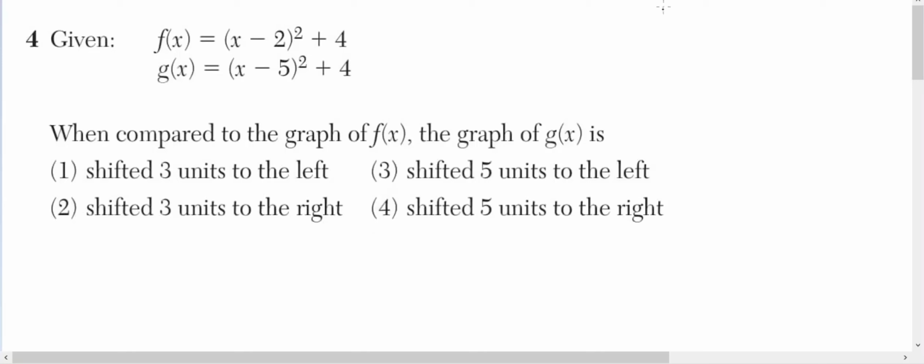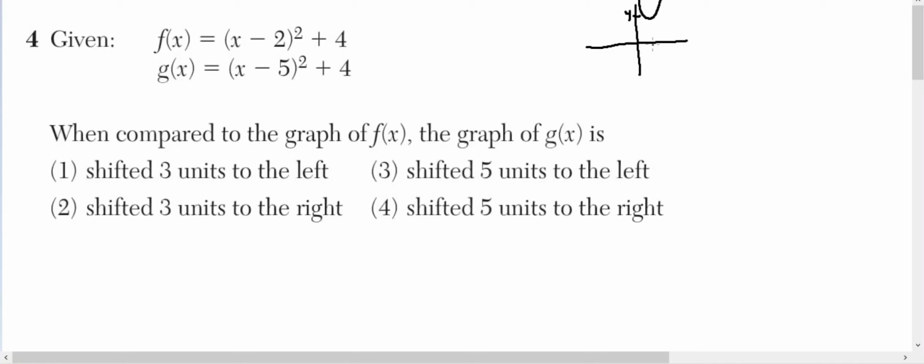And being a tool that you have available for this question, we can, looking at just kind of a sketch of the results here. So plugging in f of x, which is x minus 2, quantity squared, plus 4, I get this curve, approximately. And this is about 4-ish units up.